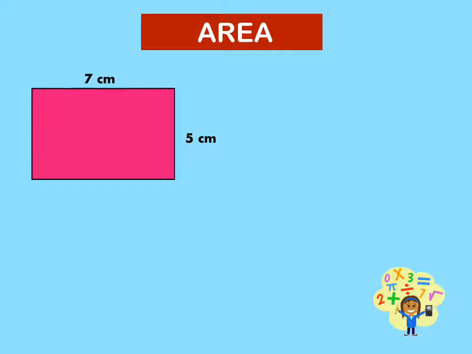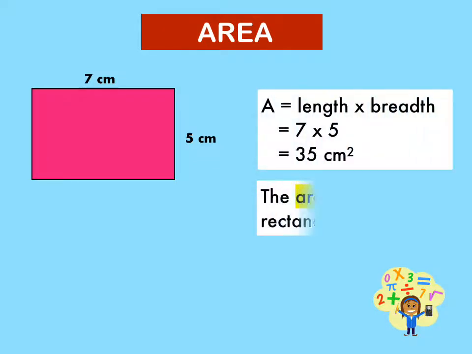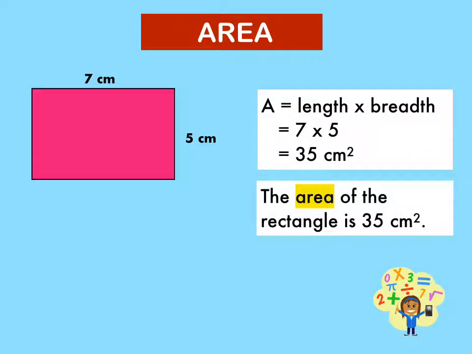The breadth, on the other hand, is the shorter side, which is 5 centimeters. So, to get the area, we multiply 7 times 5, which is 35 square centimeters. The area of the rectangle is 35 square centimeters.